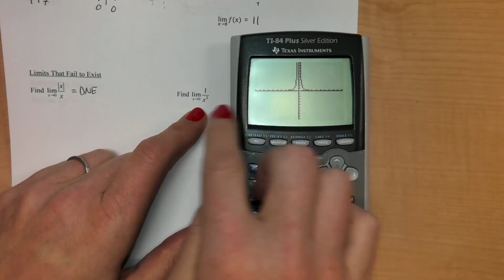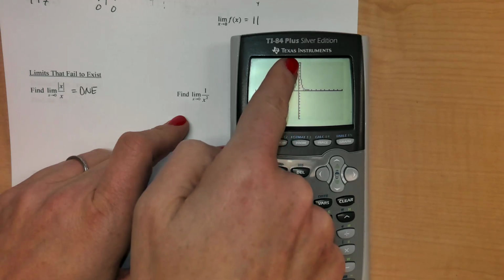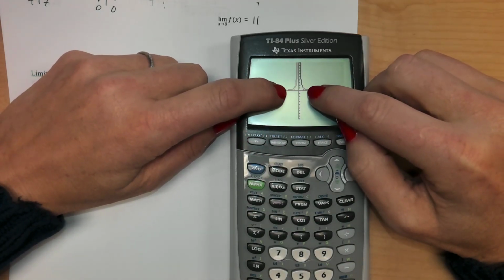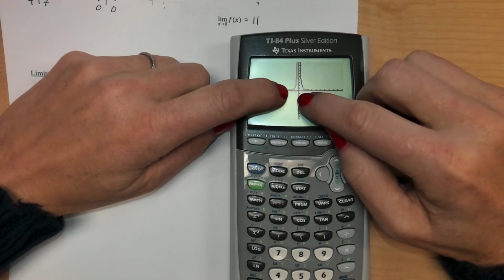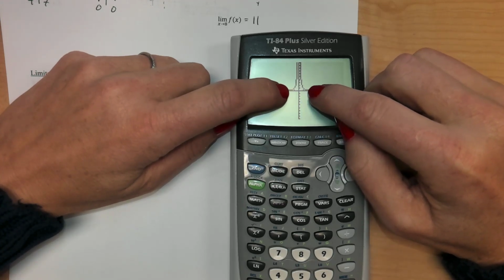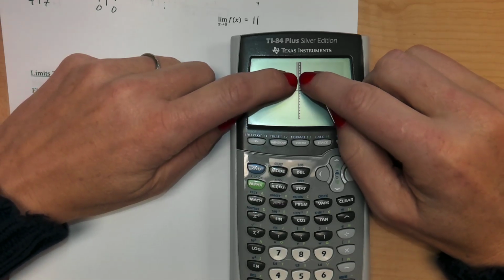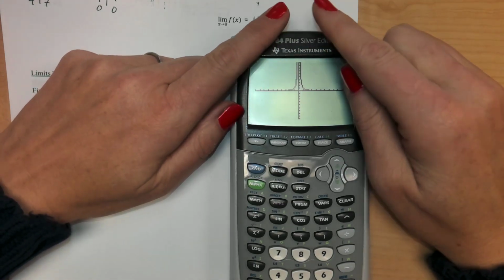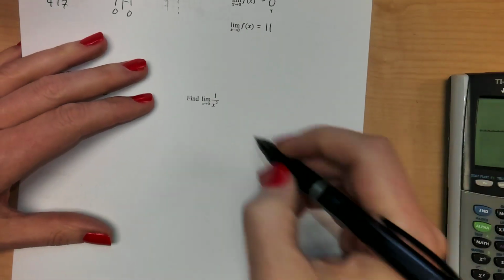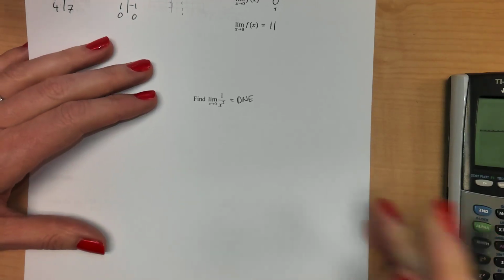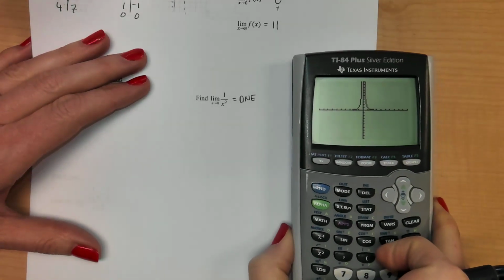Okay, so I am still approaching 0, which is right here in the middle. Put both fingers on, one on each side. And as you attempt to move your fingers closer to 0, your roads just lead you straight up forever. So we call that limit does not exist since we can't ever get up there. That limit would be d and e.